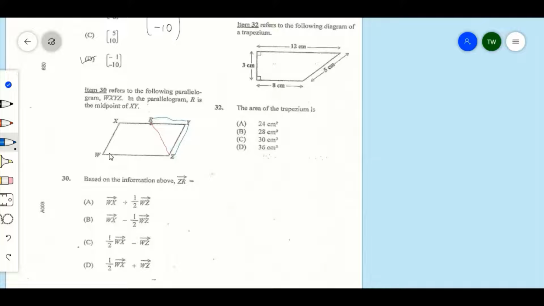Now we know that the parallelogram is WXYZ. So let's put on some arrows. If we start at W, then we must go in this direction, and from X to Y, we must go in this direction here. Another thing that we know, it is a parallelogram, so this side is equal to this side, so we must go in this direction as well.